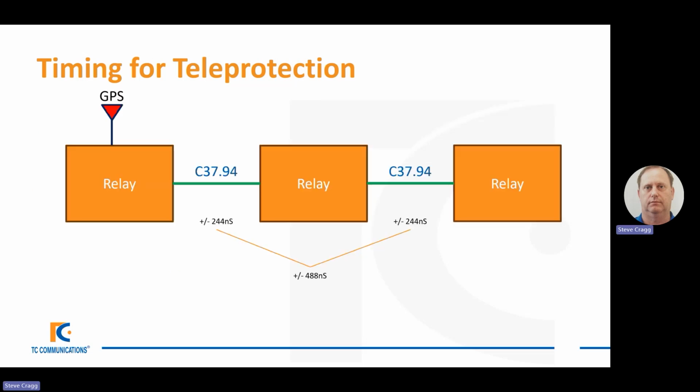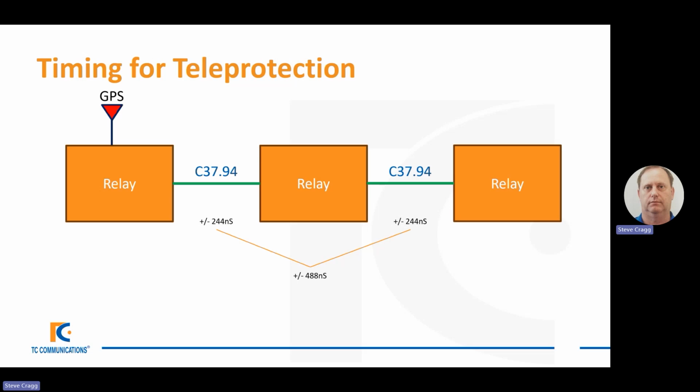Now, again, remember, if you have a centrally locked relay and then you do multiple C37.94 links, then those errors will compound. There's no way around it: plus or minus 244 nanoseconds, and each takes the most. So for two, it's plus or minus 488 nanoseconds.